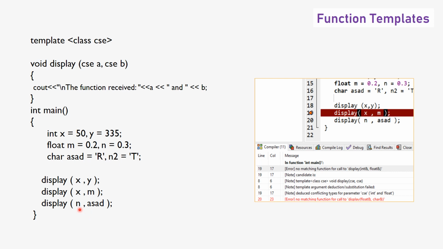Similarly, when you pass n, CSC becomes float, and if CSC is float, this one is also float, so you cannot pass the character type. So when you are using two variables of the same template type, remember that you cannot mix them in the same function. You can use separate functions for those, but in the same function, the same type cannot be mixed with other data types.